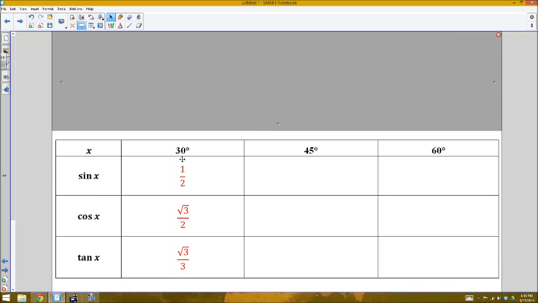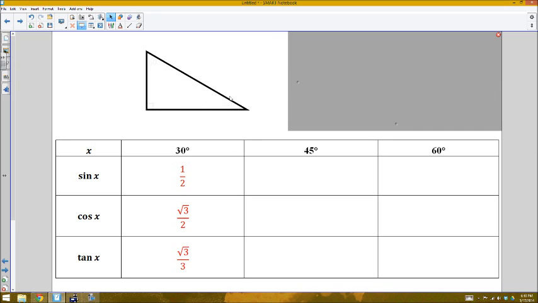To find the exact value, recall that all trig values have to do with right triangles, and the only right triangle which has an acute angle of 30 degrees is the 30, 60, 90. In a 30, 60, 90, all of its sides are in a constant proportional ratio. Across from the 30, that side is proportional to 1. Across from the 60, it's proportional to the square root of 3.